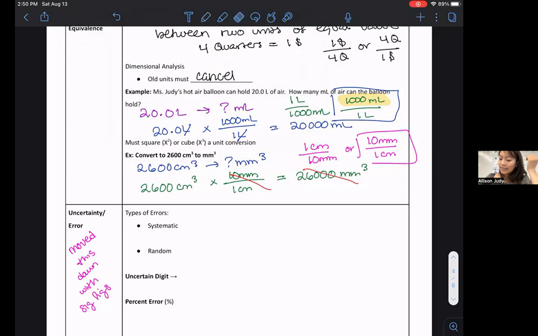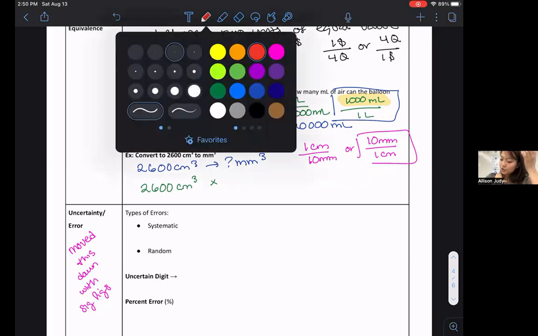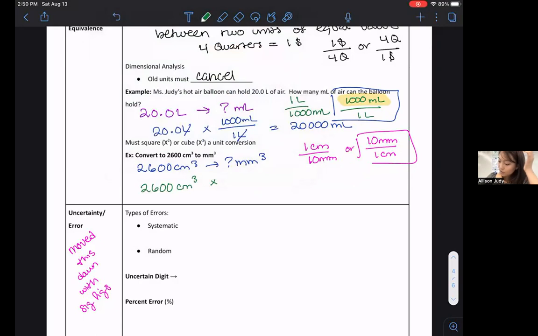Because you're not acknowledging the fact that you do have a cubed nature to your unit. So what you should do instead is, using your properly identified unit conversion, you have to cube this.